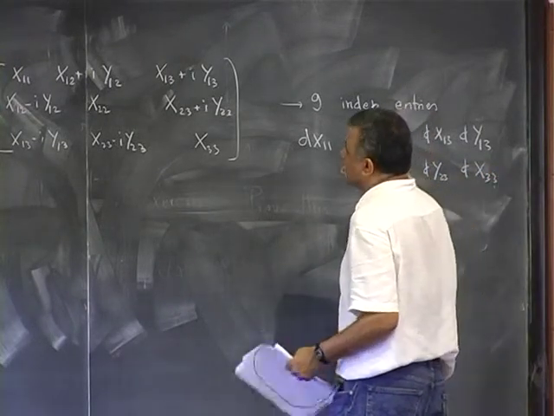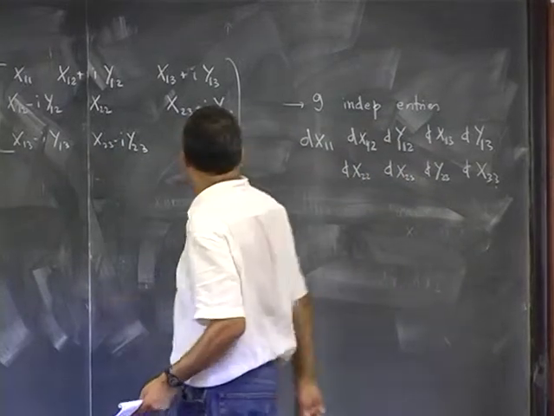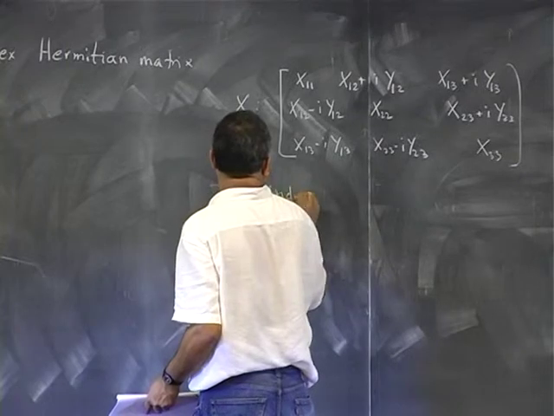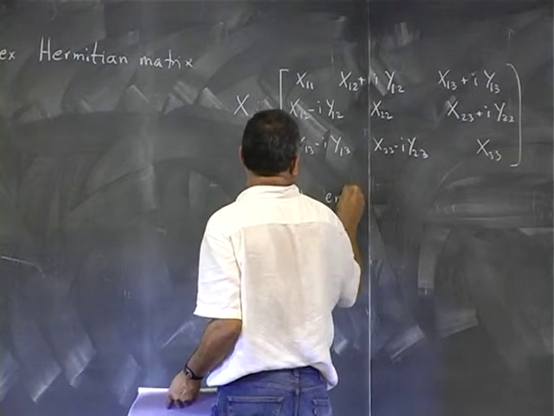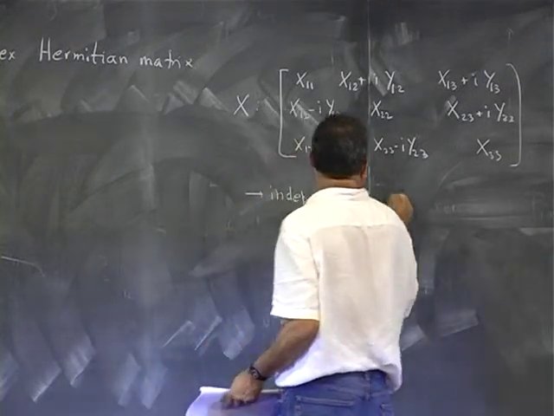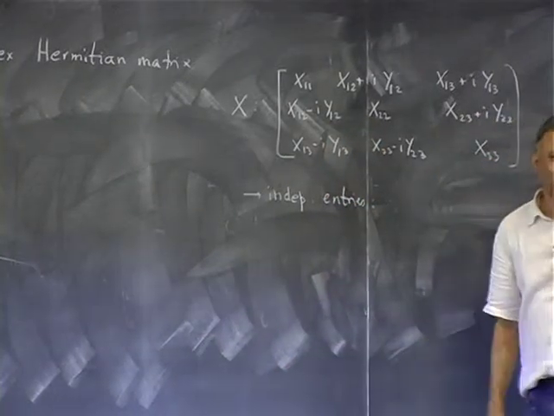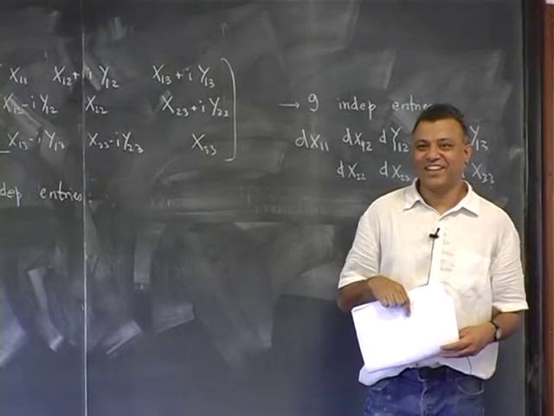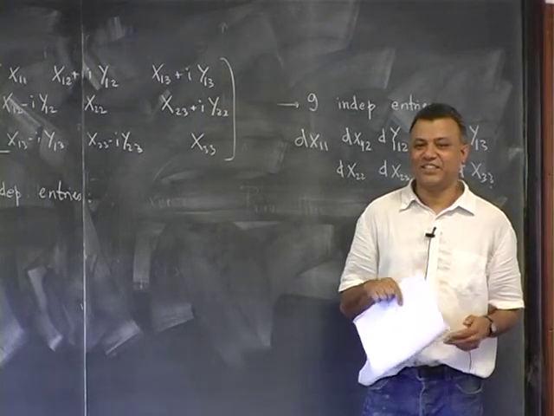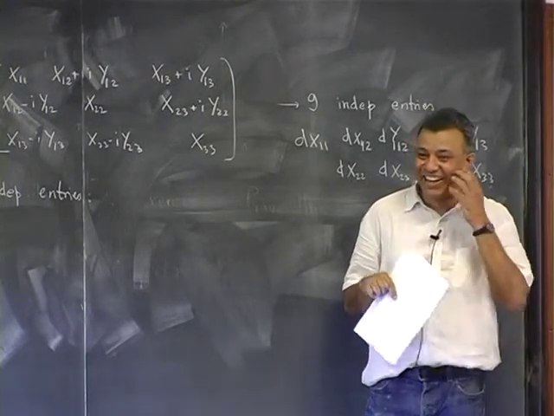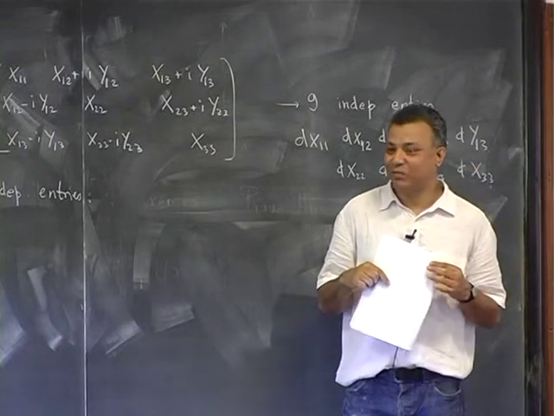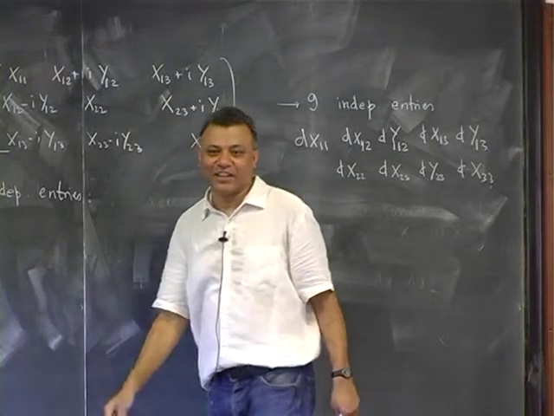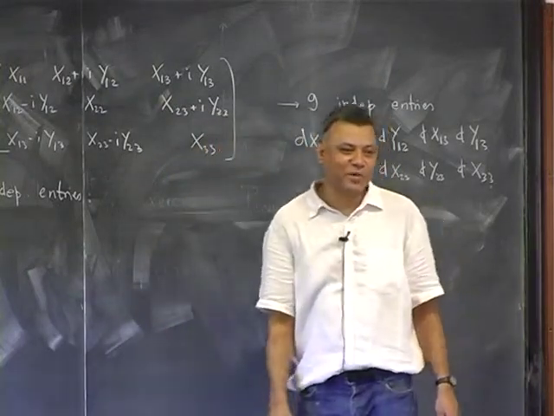Now if you have an n by n Hermitian matrix, somebody please tell me how many independent entries? Imaginary part too.